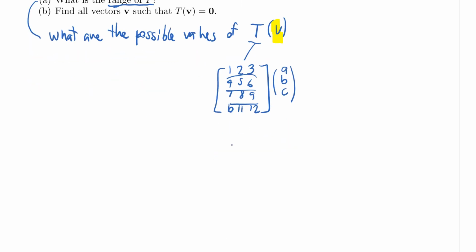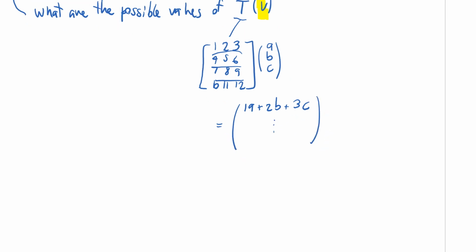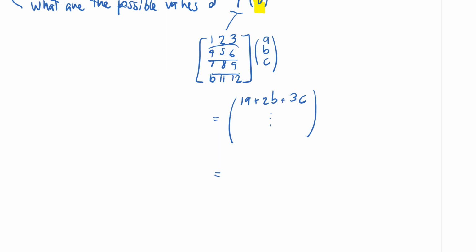Now, if I were to multiply this out, let's see what I'm going to get. I multiply 1 by A, 2 by B, 3 by C, so I get 1A plus 2B plus 3C. It's a pretty easy multiplication, but you can actually write this big vector as a sum of 3 vectors.